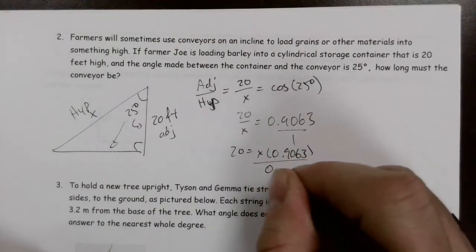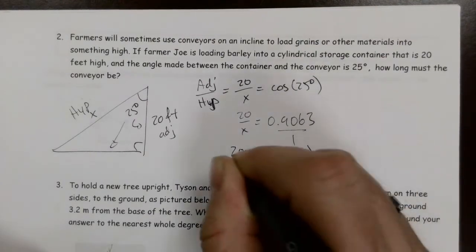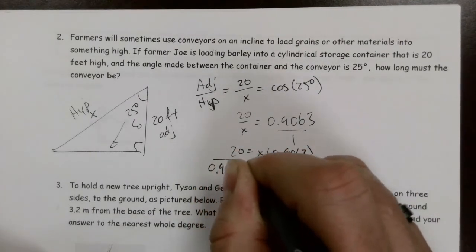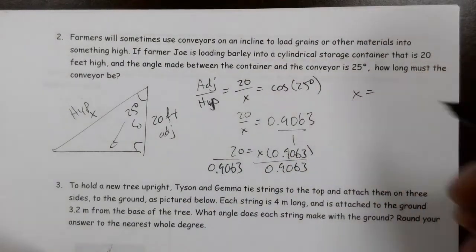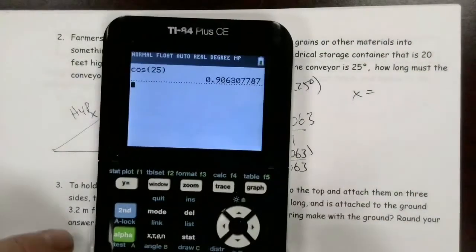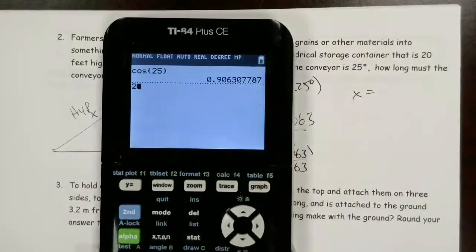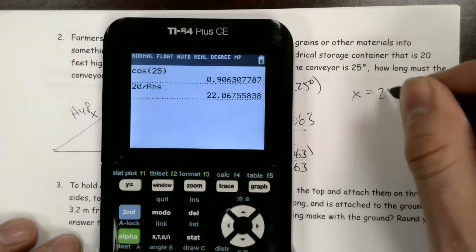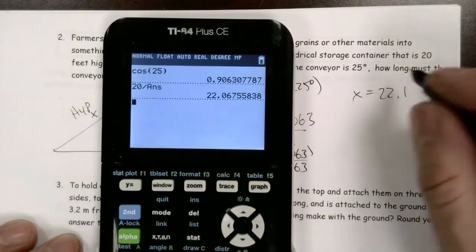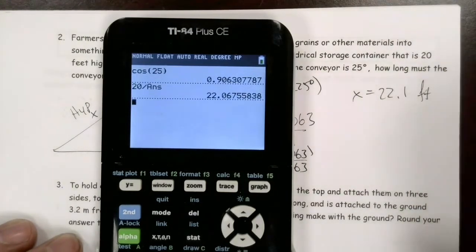And then I'm going to divide by 0.9063 on both sides. And then finally, on my calculator, leaving that full decimal in there, 20 divided by that answer, and I'm going to get 22.1 feet when I round that.